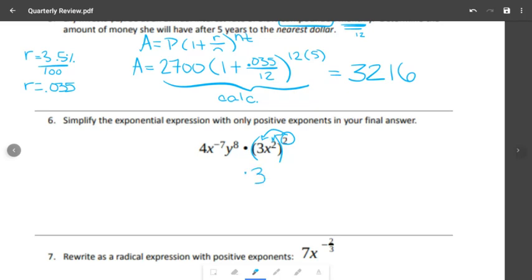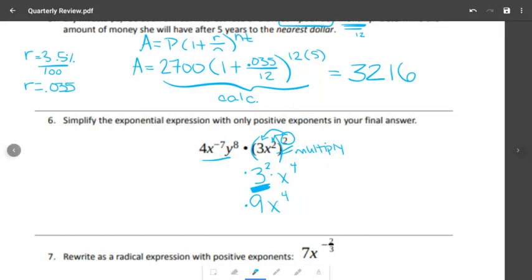So that becomes 3 squared times x to the 4th. Remember, power to a power, you multiply. Now you're multiplying the exponents. That 3, however, is not an exponent, so you are not doing 3 times 2. You are doing 3 to the 2nd power, which is 9.